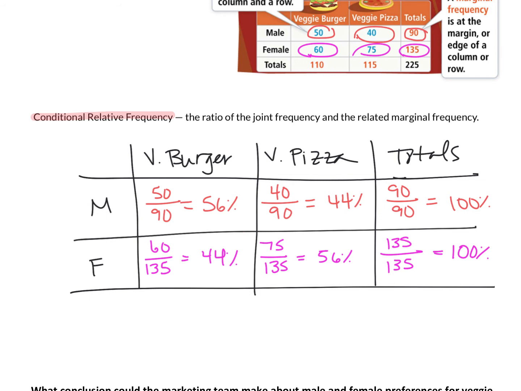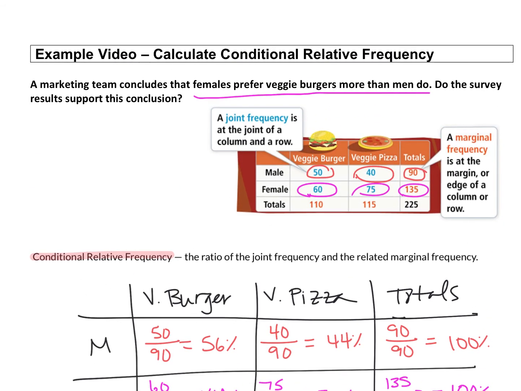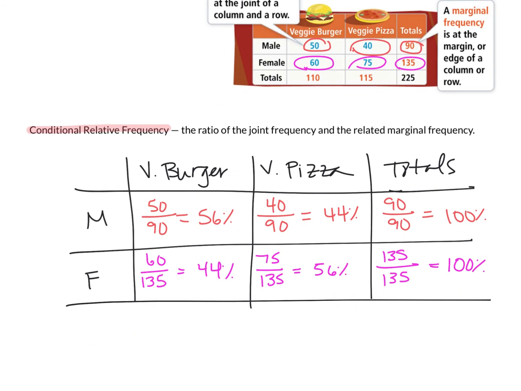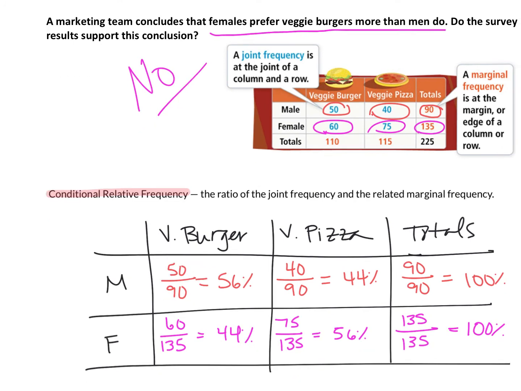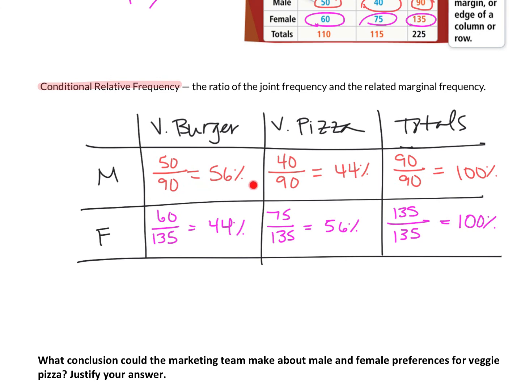So this shows that more men prefer the veggie burger than females. So the survey results do not support the conclusion of the marketing team. So we would say no. And what I just said, we're comparing this 56% to the 44%.